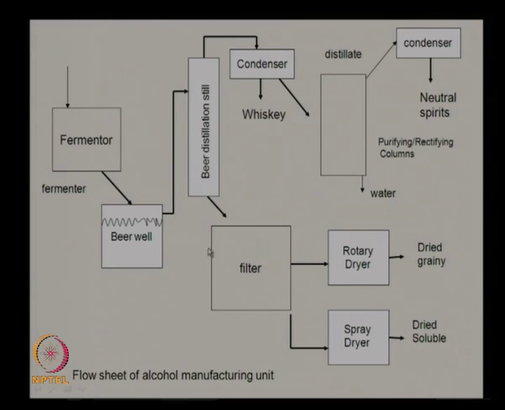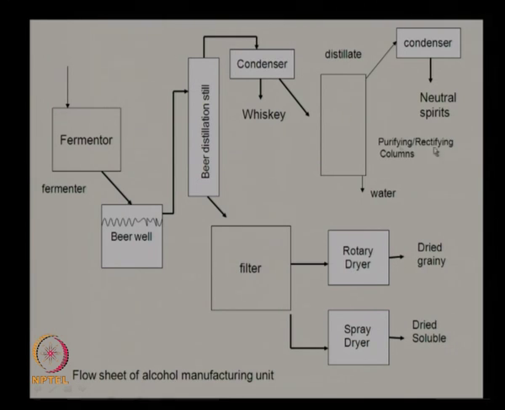Now the bottoms you filter, and then you collect the solids, you dry the solids, finally you may get some dried grainy material, you may also get dried soluble material. So this can be used as animal feed. It may be rich in protein, it may be very useful for animal feed. So once the alcohol is distilled out, which contains water and other low boilers, it is further distilled here.